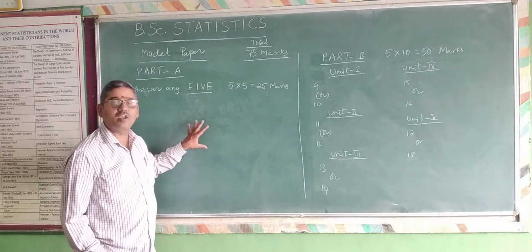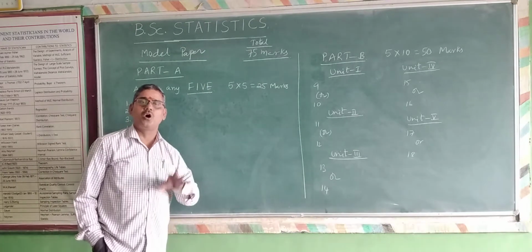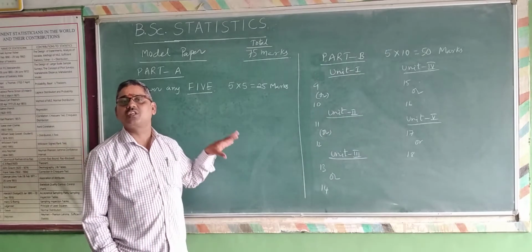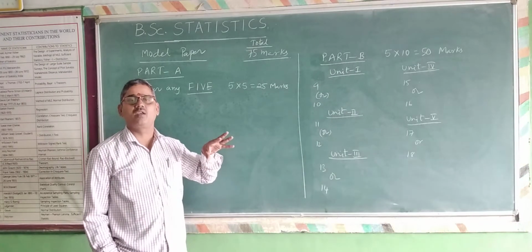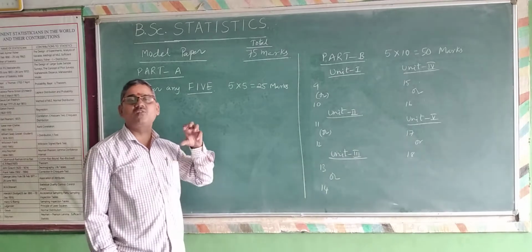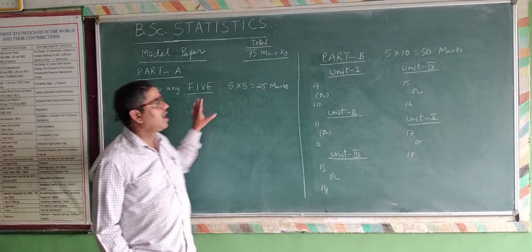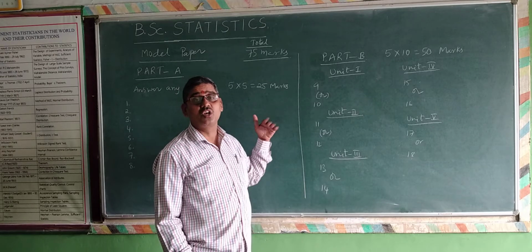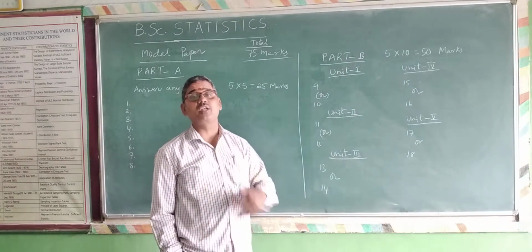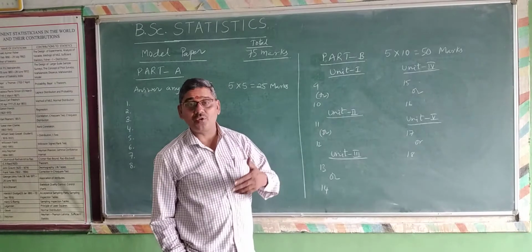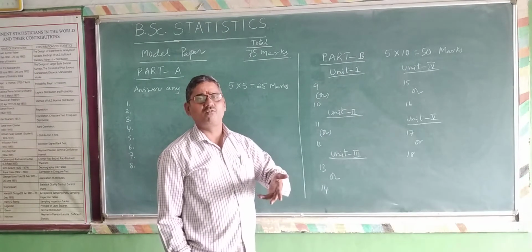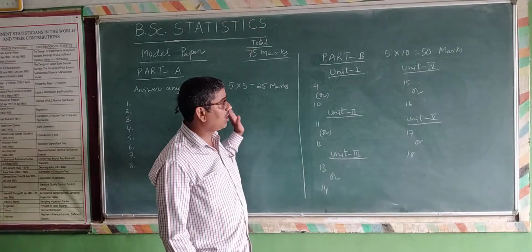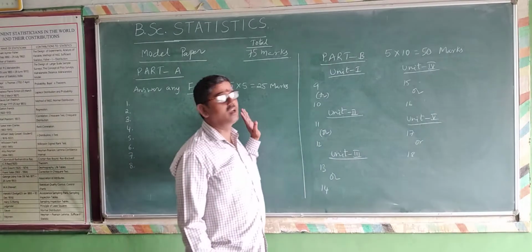At least 4 questions, 4 multiplied by 5, will be 20 marks. Definitely you will get at least 20 marks, minimum 20 marks, in this particular section, Part A.